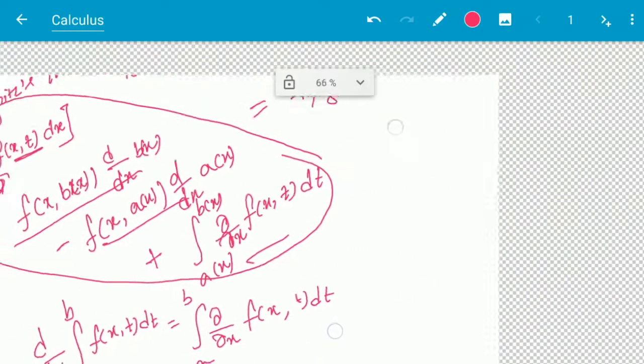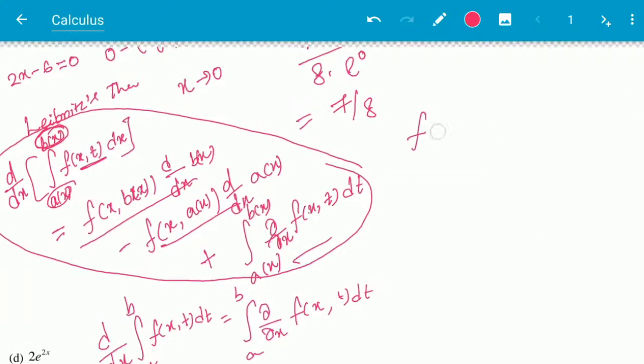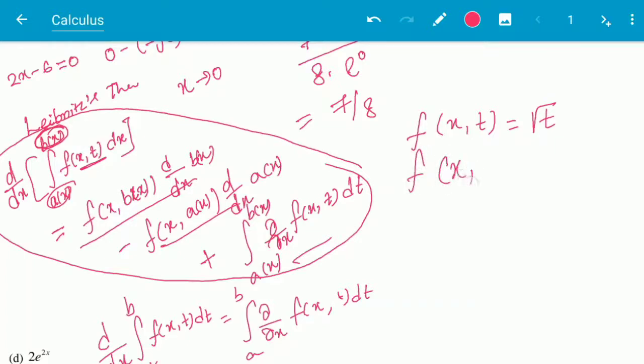So if we apply the formula, first we have to calculate all the values. f of x, t is equal to root over t. The given function is root over of t, and if we replace t by b of x, that is x square, what will it be?